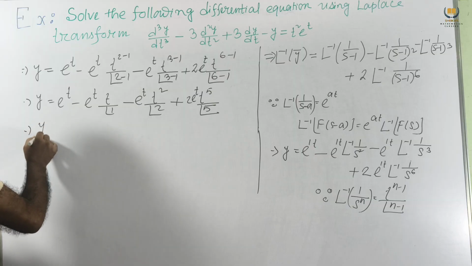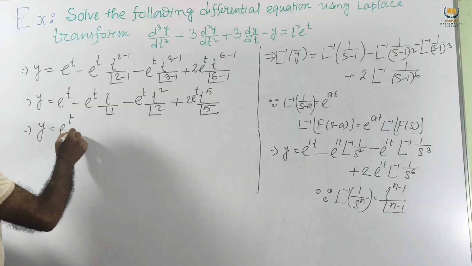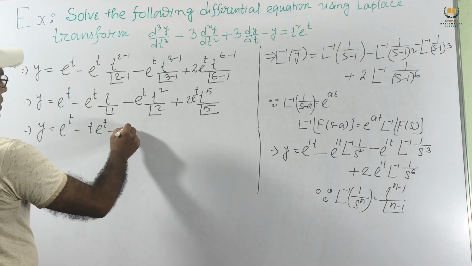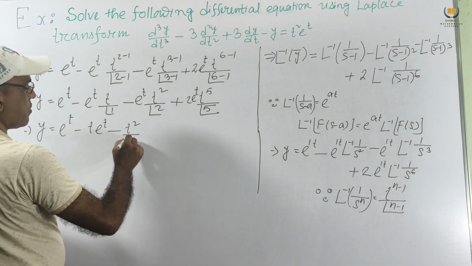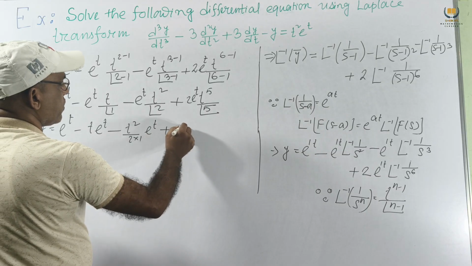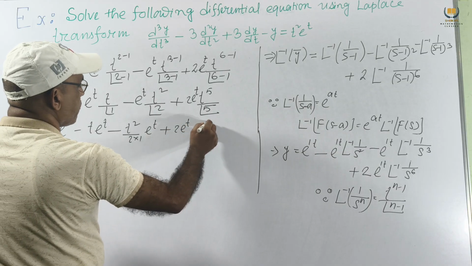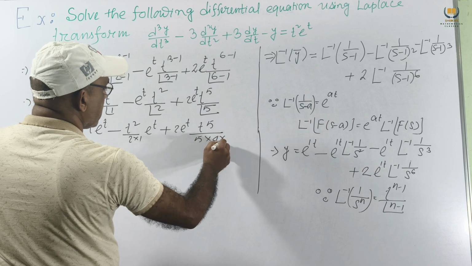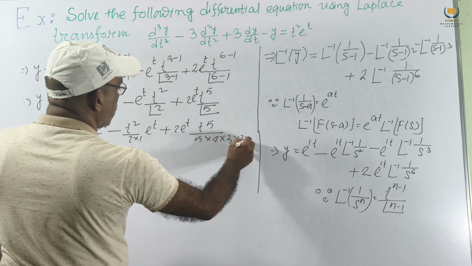This implies y equals e to the power t, t e to the power t, t square by 2 into 1, e to the power t, 2 e to the power t, t to the power 5 by 5, 4, 3, 2, 1.